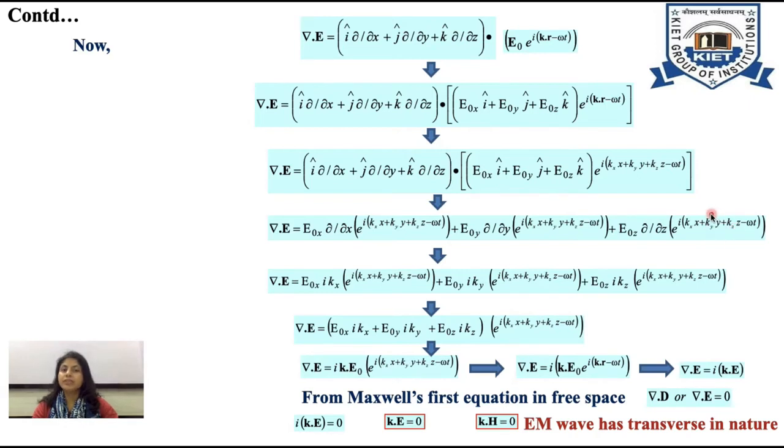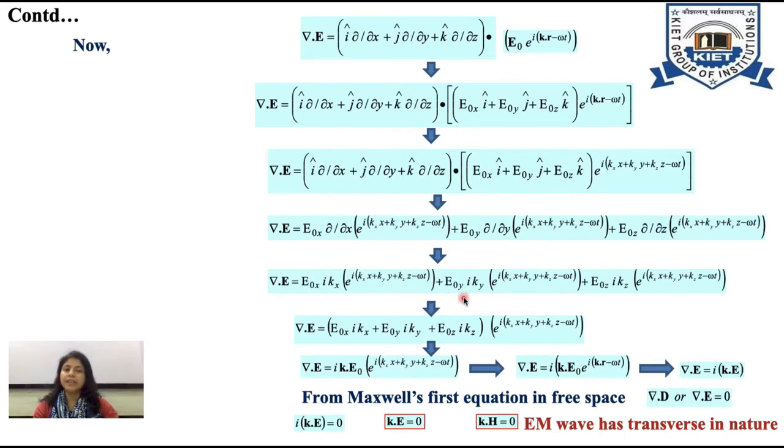E naught x, E naught y, E naught z are the amplitudes and do not depend on x, y, z. Therefore, del dot E becomes E naught x into i kx, when del by del x operates on e to the power i (kx x plus ky y plus kz z minus omega t), then we have E naught x i kx into e to the power i (kx x plus ky y plus kz z minus omega t).